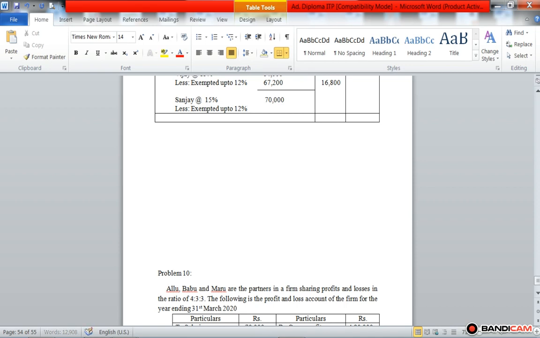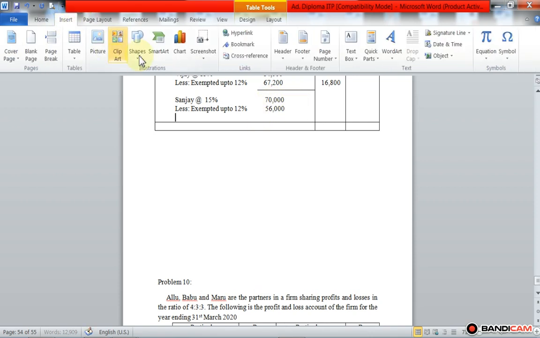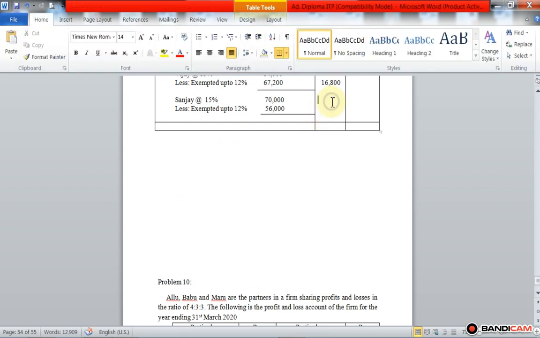So the amount is 70,000 into 12 divided by 15, which is 56,000 exempted interest. Then deduct the exempted interest from the total interest of Sanjay.